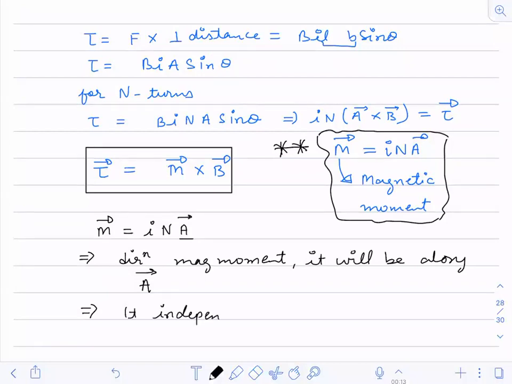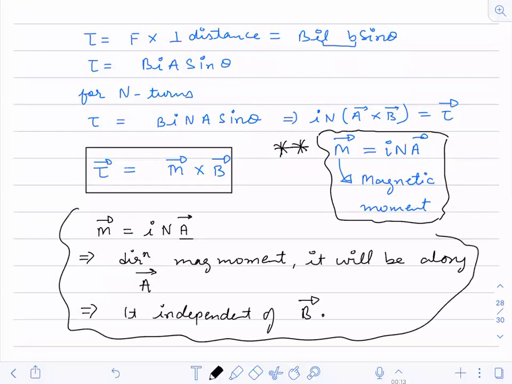It is independent of the B vector. I hope you have understood this concept.